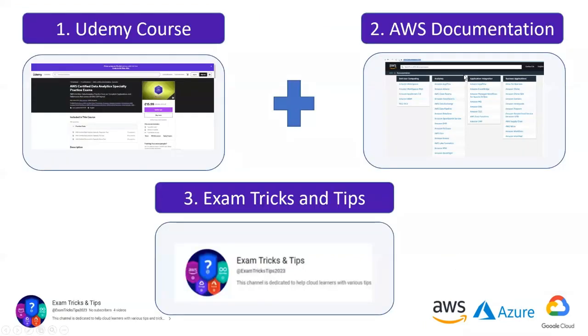How do you prepare for this examination? You need to have a solid foundation. I believe you would have done one of the AWS associate exams before appearing for this one, so you will have some idea, but even with that background, you need to build on it.